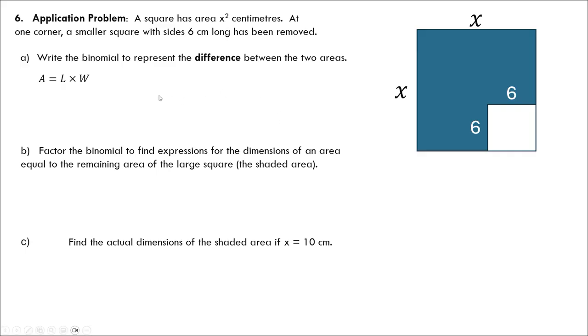So the area of the big blue square, without any white square covering it at all, would be x times x, so the area could be stated as x squared. The area of the white square is 6 by 6. We're told that up here. So we could say that the area of the white square is 36.